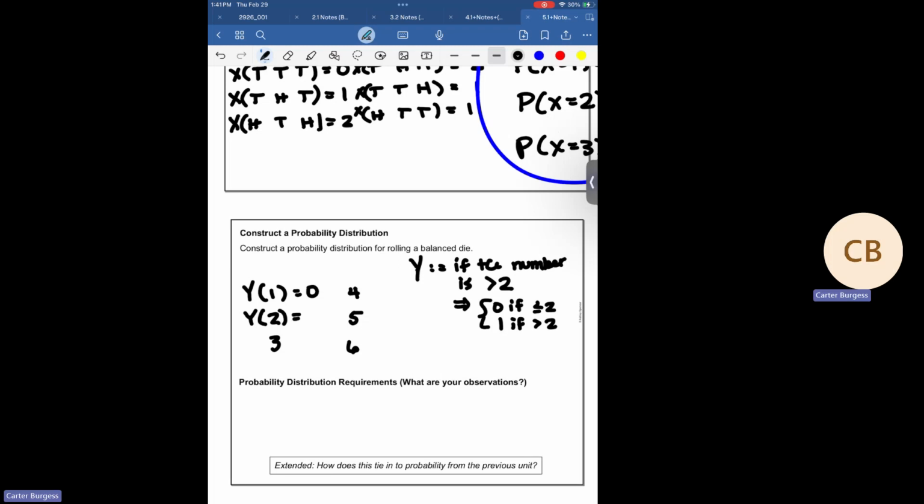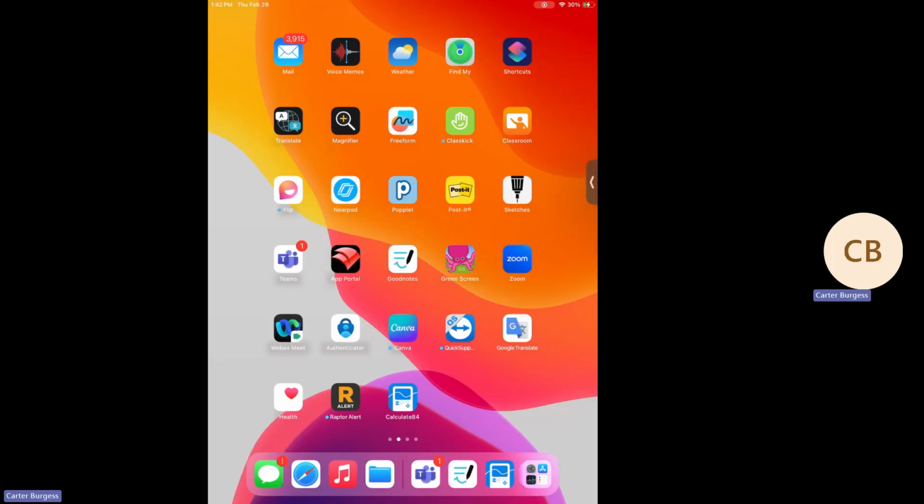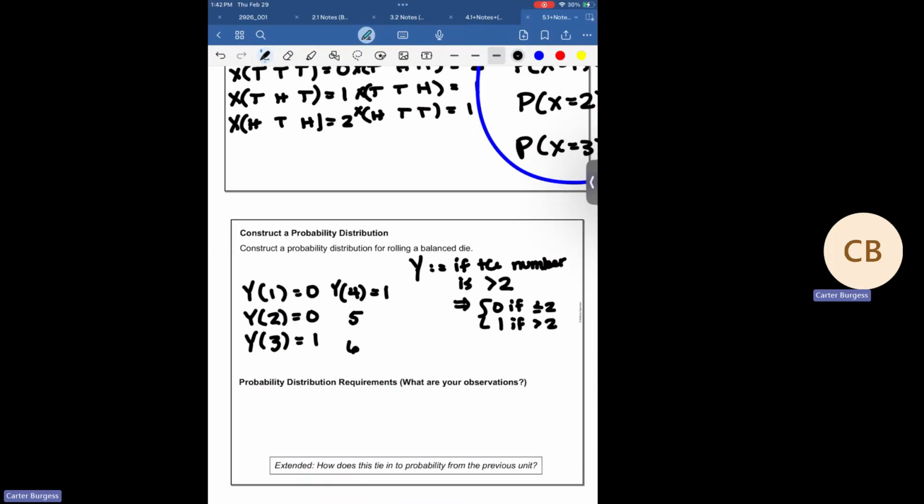Is 2 greater than 2? No. Therefore, 0. What's our random variable going to be for 3? 1, because that is true, that it is greater than 2. What's our random variable going to be for 4? 1, because that is a yes again. What is it going to be for 5? 1. And what's it going to be for 6? Another 1.